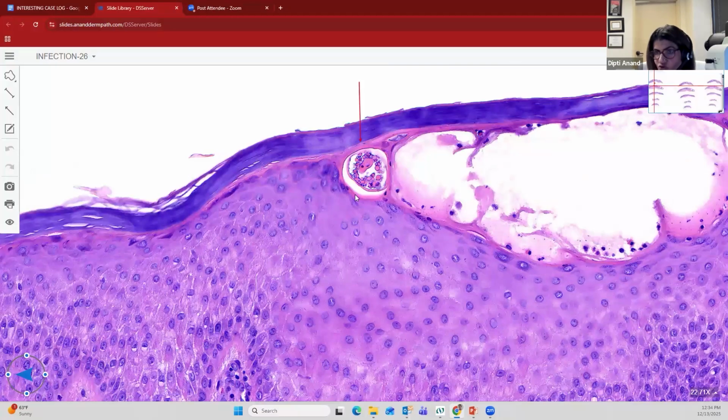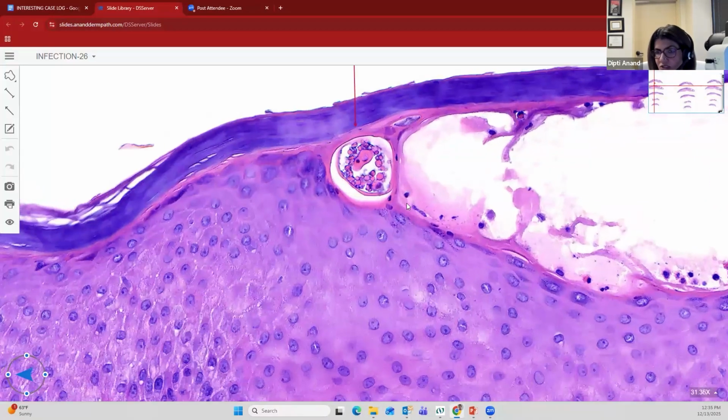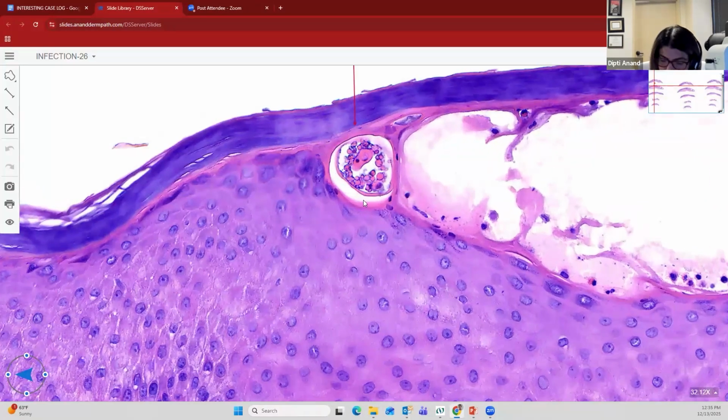So you can see here beneath the stratum corneum. Scabies never gets that deep. It doesn't live there. This has to eventually go into the skin deeper down, right? Scabies doesn't do that. It just digs a burrow in the stratum corneum, and that's where it lives. So if you see it beneath it, that's not scabies. So this is Ankylostoma brasiliensis, or cutaneous larva migrans, or the creeping eruption.